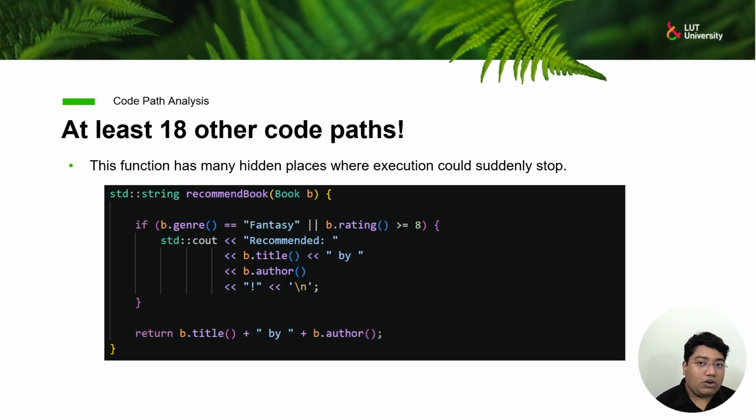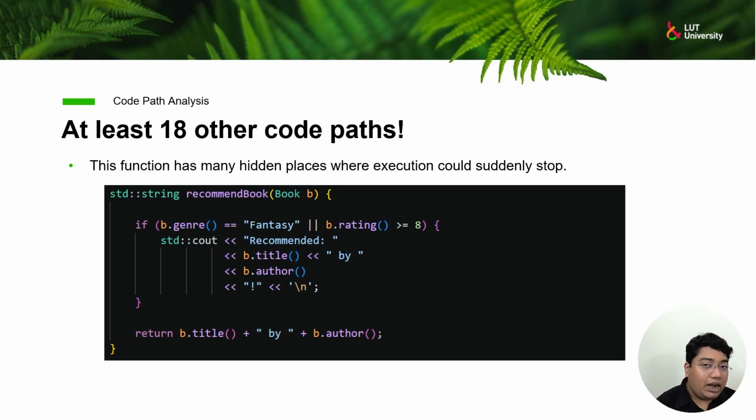Every function call might throw an exception, every memory allocation might fail, even operations that look completely harmless may internally perform work that can fail. When we count all of those possibilities, this small function suddenly has at least 18 additional error paths. So that's a huge jump.